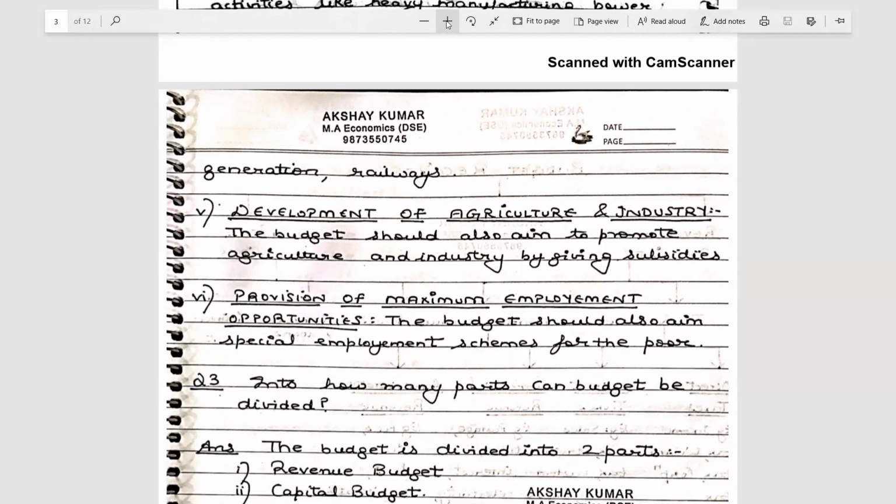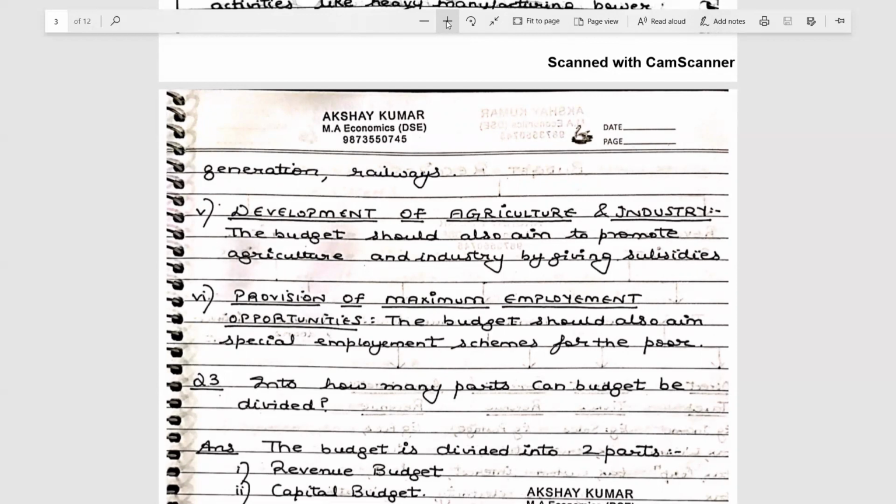Okay, so agriculture sector अच्छा perform करेगा तो obviously industrial sector will also perform better. अगर agricultural produce अच्छी होगी, agricultural sector में remuneration अच्छी होगी, obviously you will see the industrial sector will also develop. So all these sectors are interlinked to each other. So the budget prepared by the government should also aim to promote agriculture and industry by giving them subsidies.